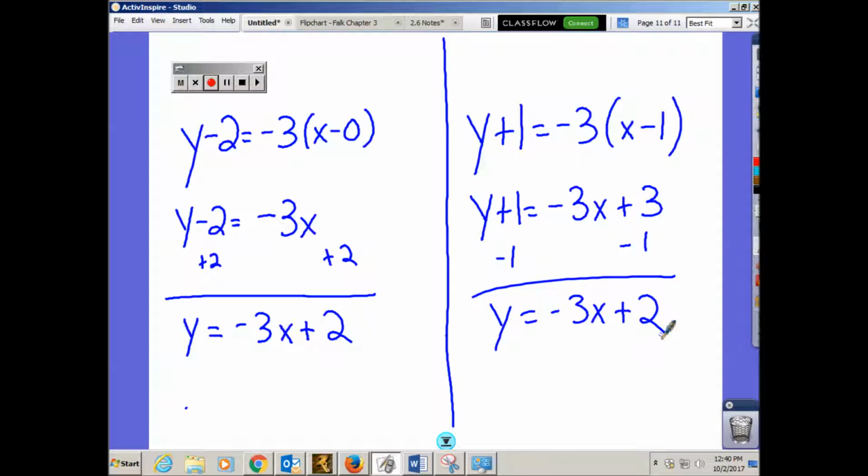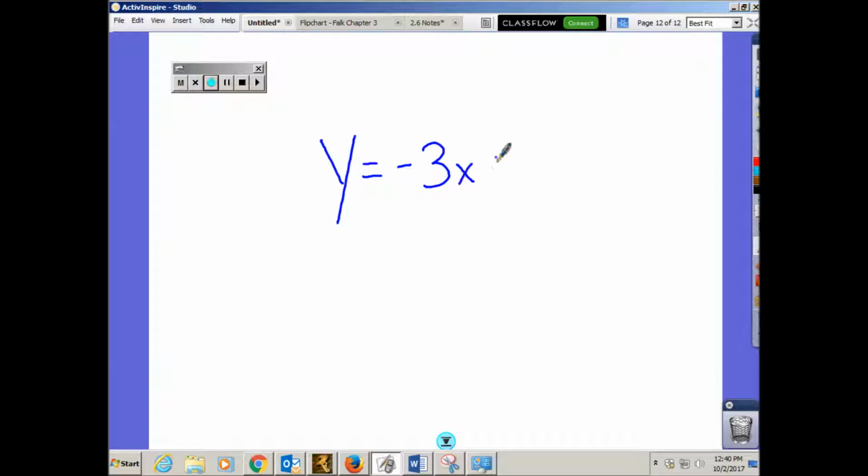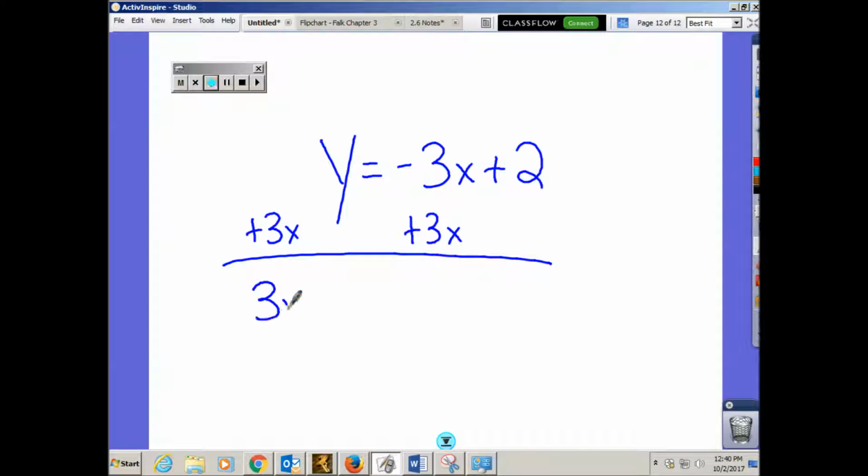Yay, do they match? Woohoo, I did it right. And now the last step was standard form. So, what do we do for standard form? We need the x and the y's on the same side. So I'm going to add the 3x term to both sides. And I'm going to put the x first, then the y.